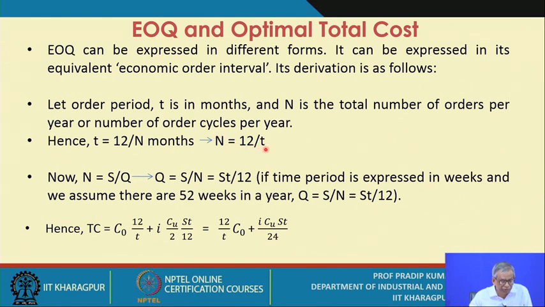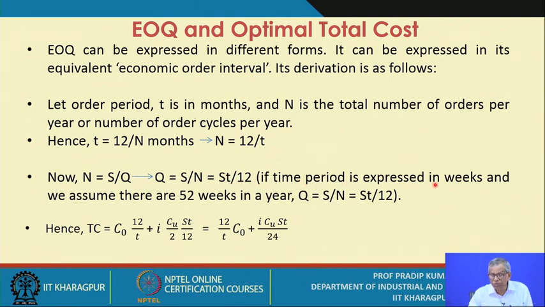That's why capital N equals 12 by T. Now N is S by Q, where S is the yearly demand and Q is the order quantity. Hence Q equals S by N. Now N is 12 by T, so S by N equals ST by 12. That's why Q is nothing but ST by 12.